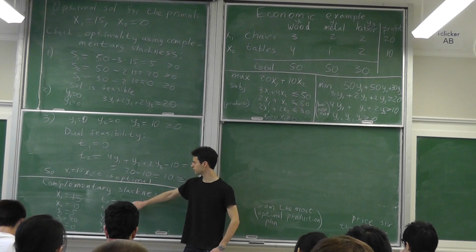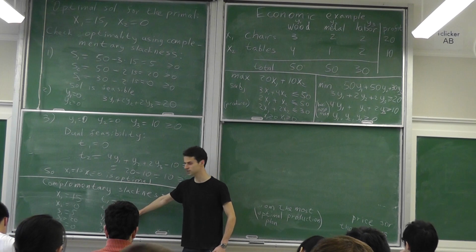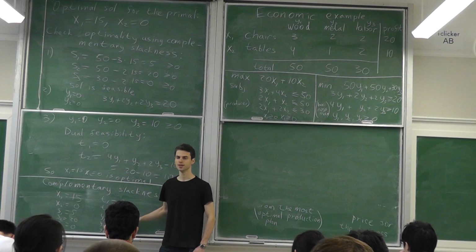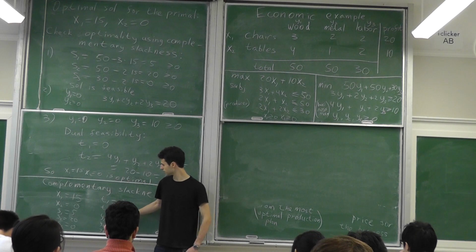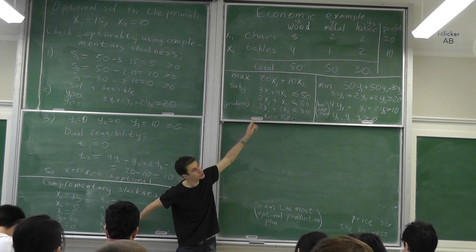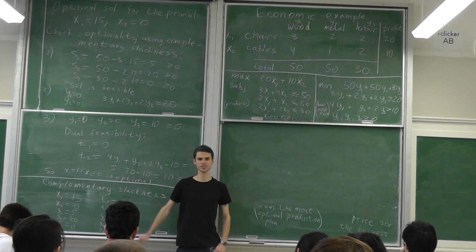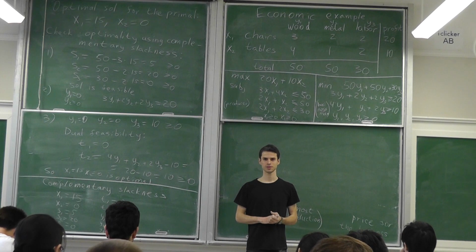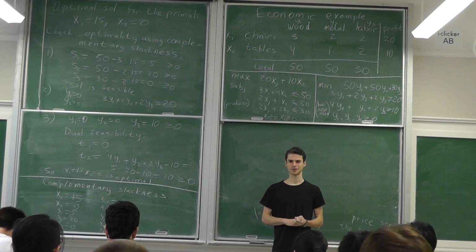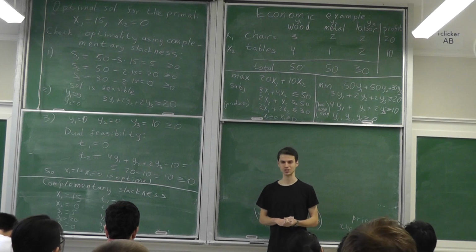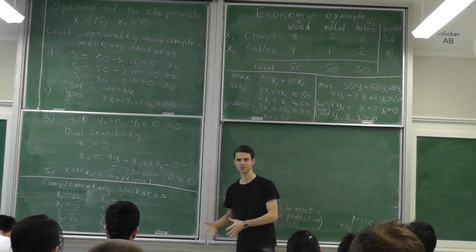Okay, so we looked at the interpretation of this kind of slackness. Let's talk about this kind of slackness. The optimal price that is offered for buying the wood is 0. So you're selling the wood for a price of 0. Is it reasonable? A priori it sounds like a very strange decision to agree to sell the wood for 0.